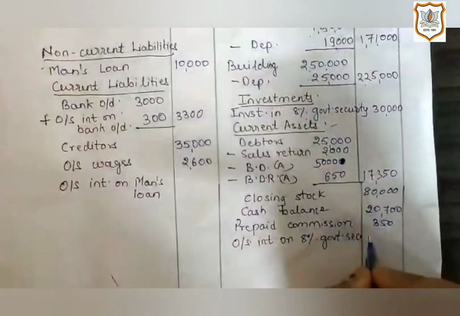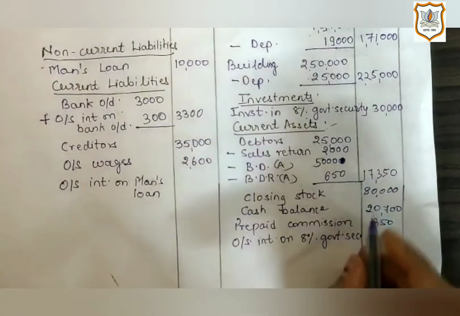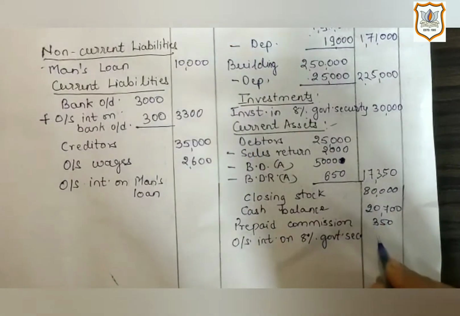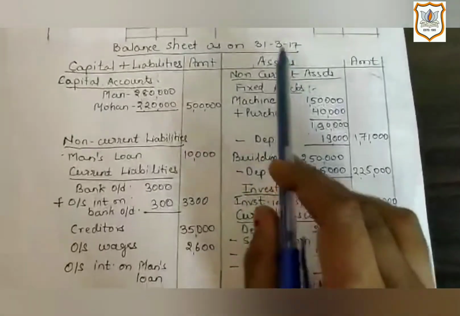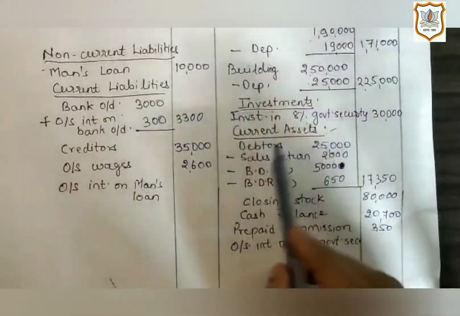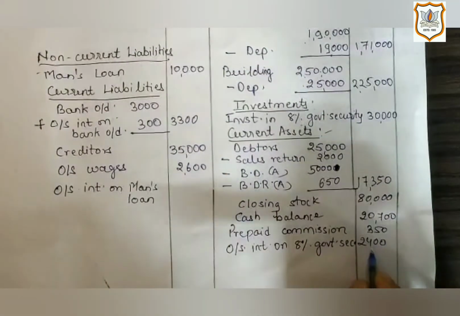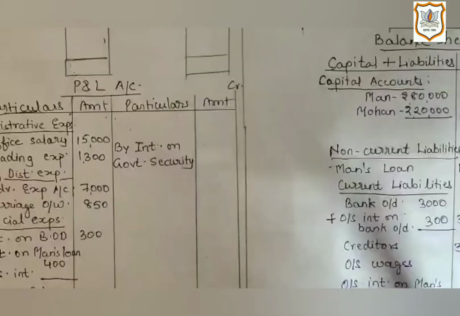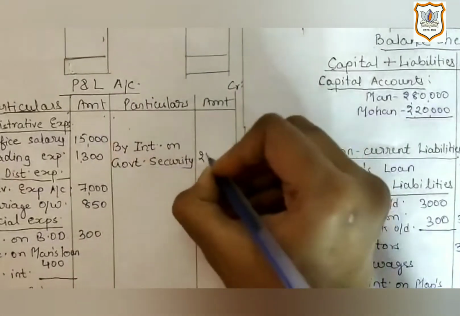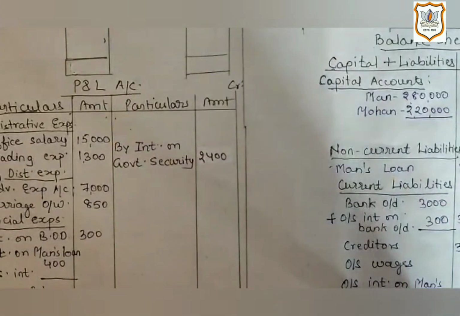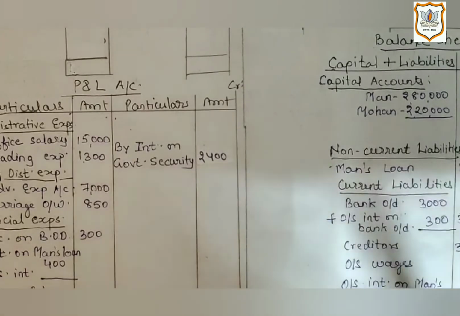And as it is an income which is yet to be received by the firm, so it will become an asset for the firm which will be recorded on asset side in the balance sheet under the heading of current assets. 2,400, 8% of 30,000. And second effect of it would be on credit side of profit and loss account, as it is an income which belongs to current year and which is yet to be received.